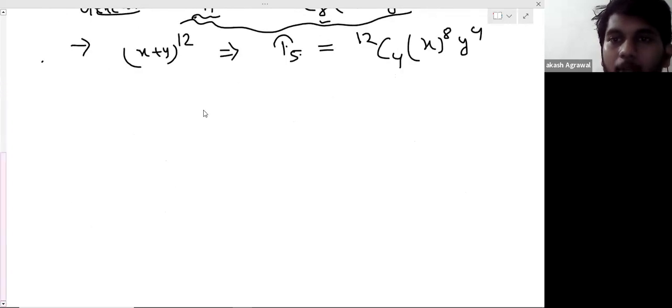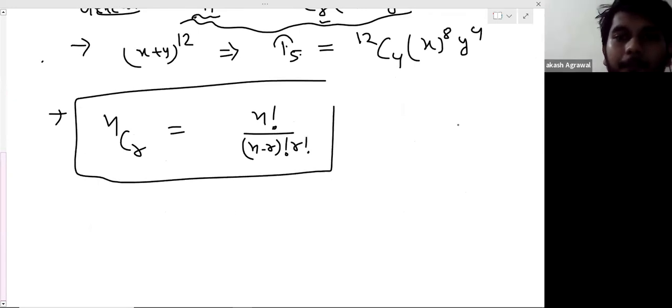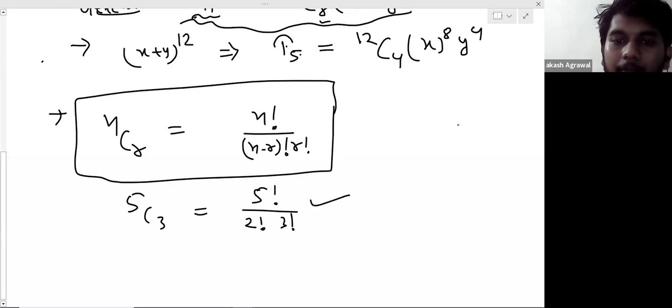Now let me explain what nCr means. nCr is nothing but n factorial upon (n minus r) factorial into r factorial. You remember factorial? So if I write 5C3, that means 5 factorial upon (5 minus 3), which is 2 factorial, into 3 factorial.